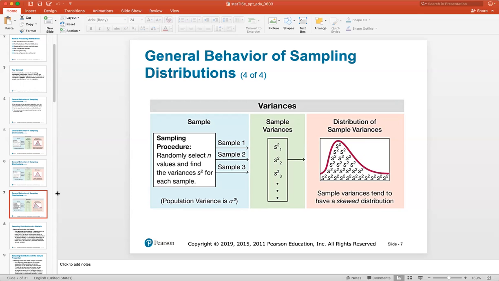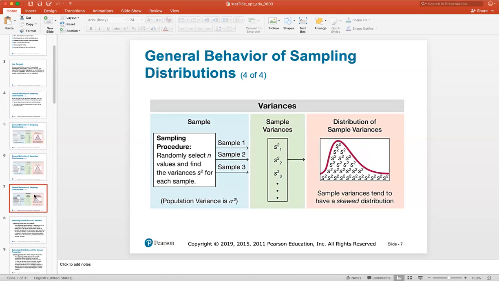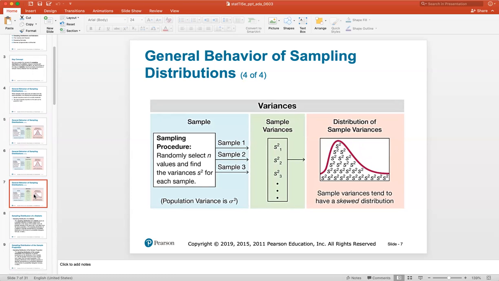Now keep in mind the behavior of the sampling distribution. We're not talking about just one single sample statistic in one single sample. We're talking about the statistic of the sampling distribution.